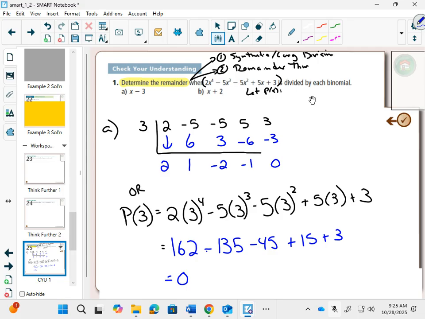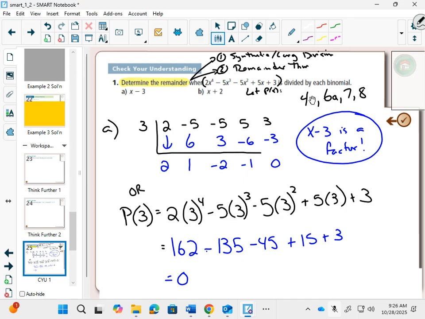But what we found out here is not only was the remainder 0, we can also say that x minus 3 is a factor because our remainder was 0. So the ones you can circle are 4a, 6a, 7, and 8. And you can put a star beside 12b already.